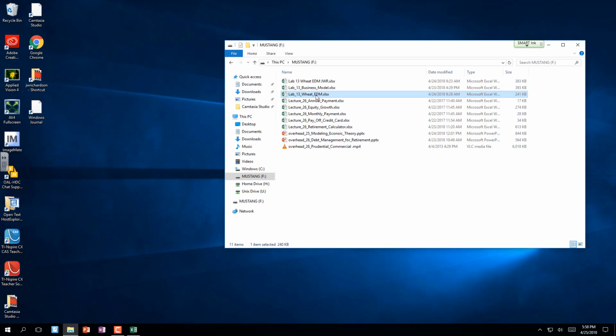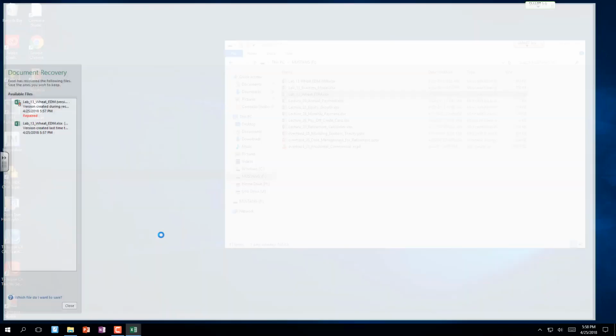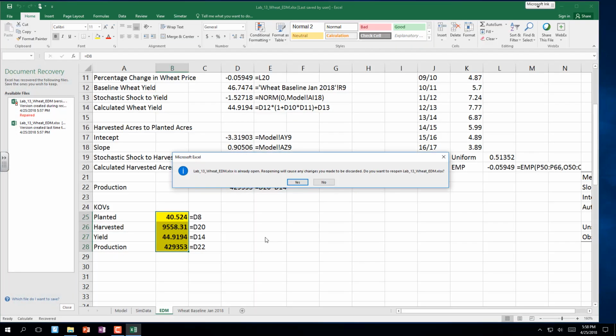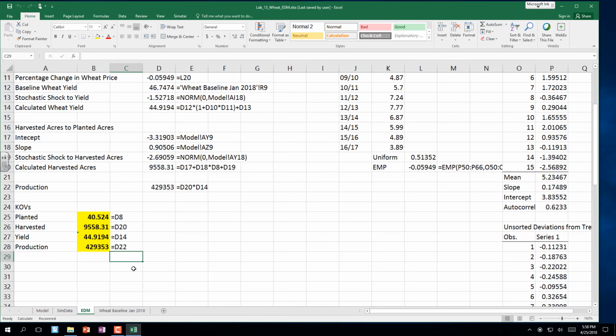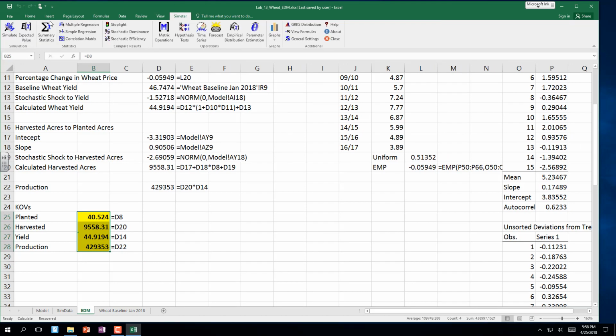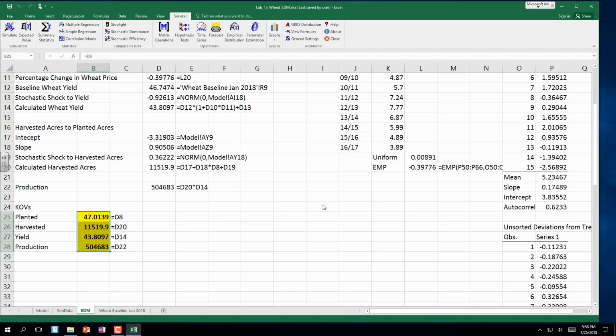That's why you save before you hit simulate. Okay, close them all out. Let's try this again. There we go.